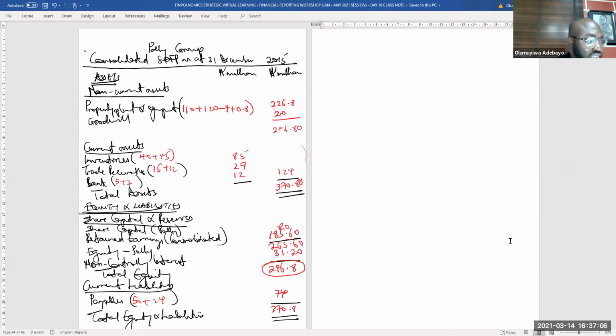I can't hear your voices. Okay, as far as I'm concerned, I don't have any question, but rather I have a clearer understanding of the treatment of this transfer of assets between the parent and subsidiary.